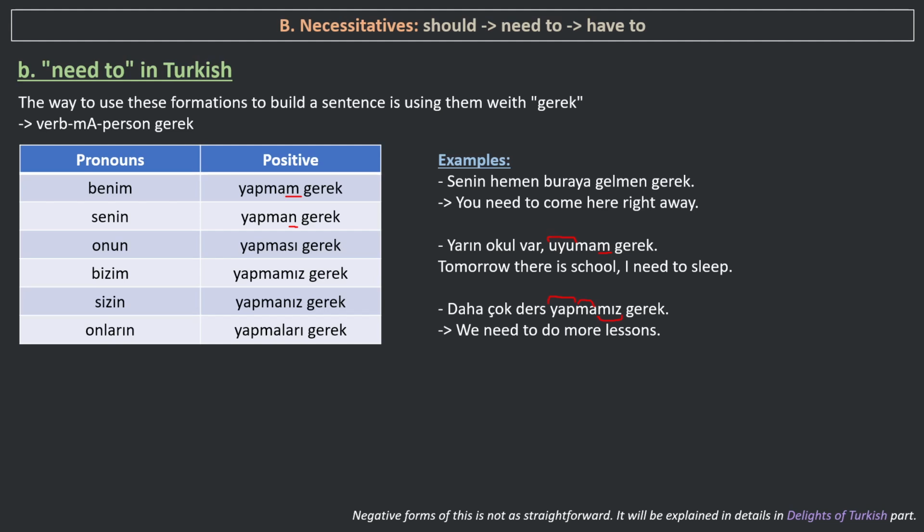Figuratively speaking, when we say işine bak, look at your business, we actually mean mind your own business. Like, don't intervene with my business, with whatever I am doing. Just mind your own business. İşine bak. So yes, onun işine bakması gerek. That's correct. He needs to mind his own business.